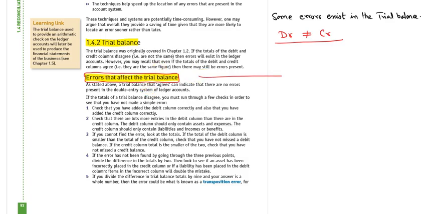in this scenario, the debit side is equal to the credit side, it means the trial balance is balanced. If debit is equal to credit, for example, debit is 100 and credit is 100, it means the trial balance is balanced.